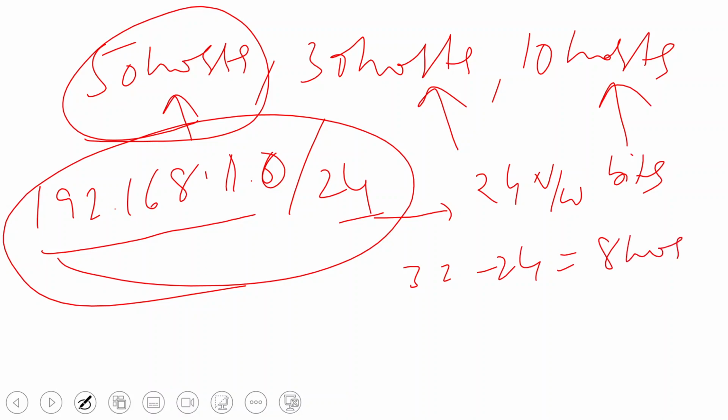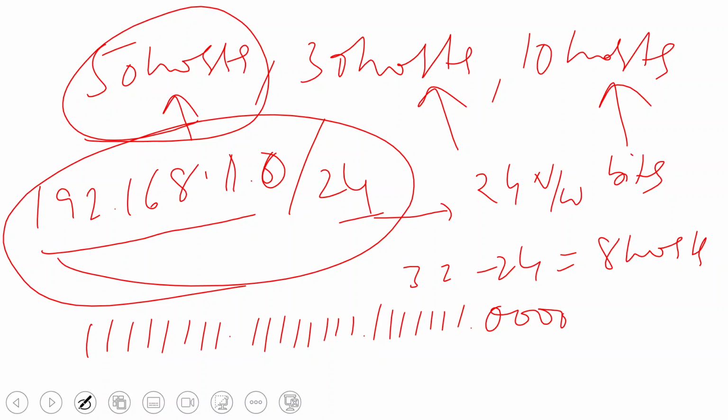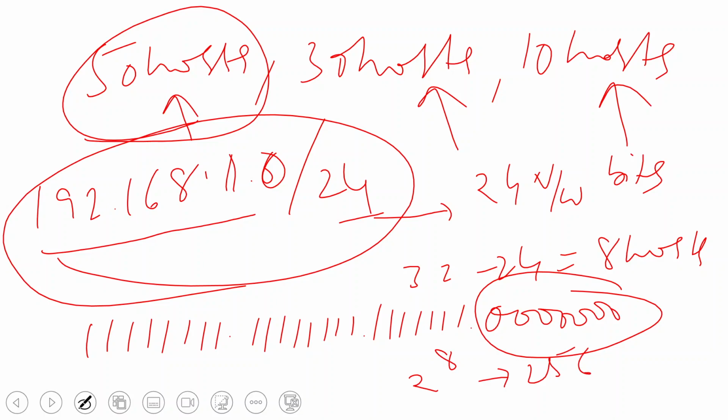So 8 host bits. You can represent it like this: all ones, and 8 zeros. This is how you represent 8 bits for the host, all zeros. Since you have 8 bits for a host, you do 2 power 8, which means 256, and you subtract 2 because one would be a network address and one would be the broadcast address. So you will have 254 hosts.